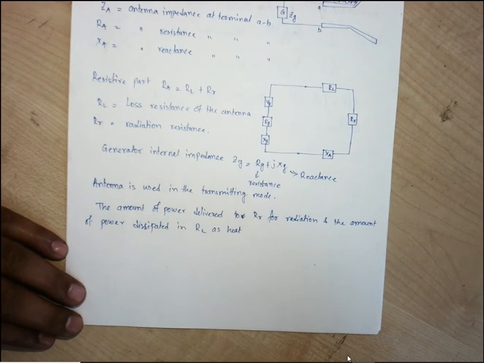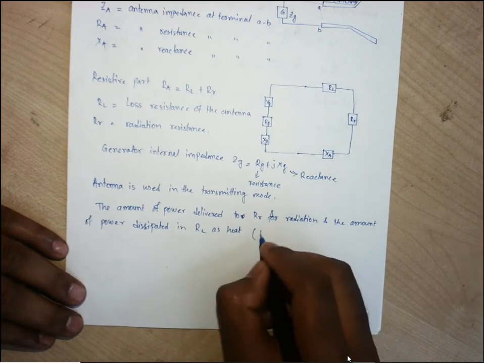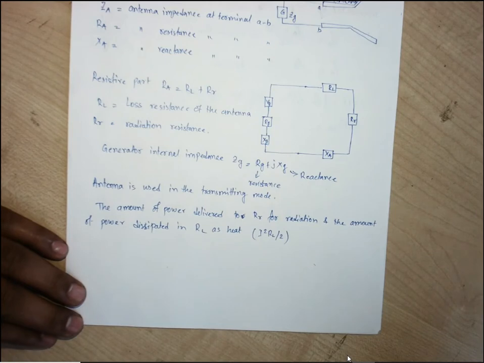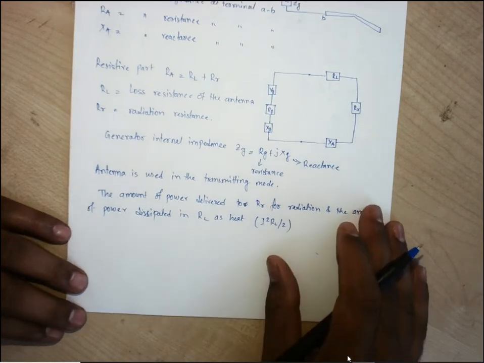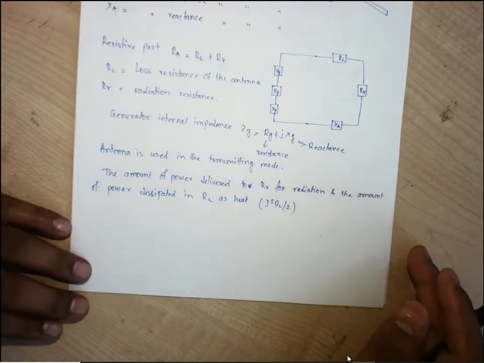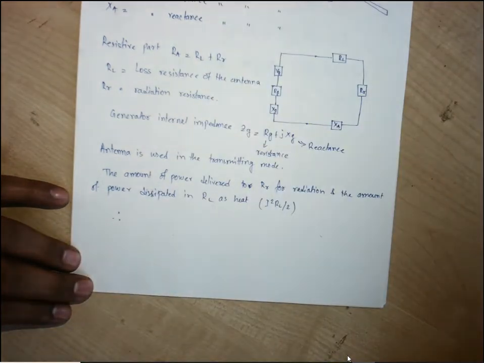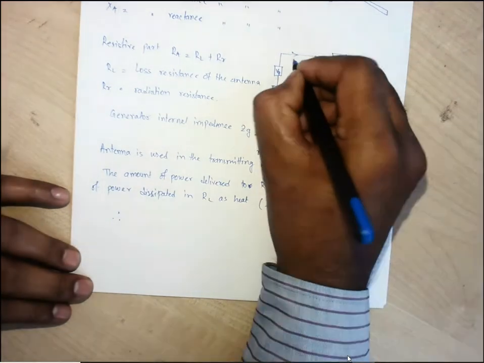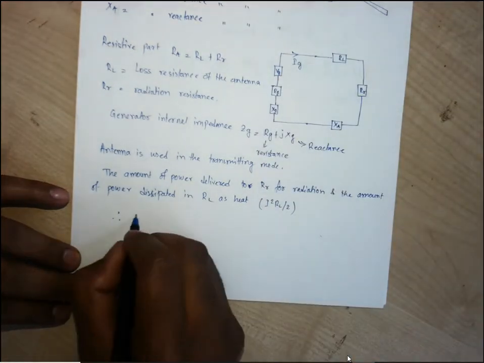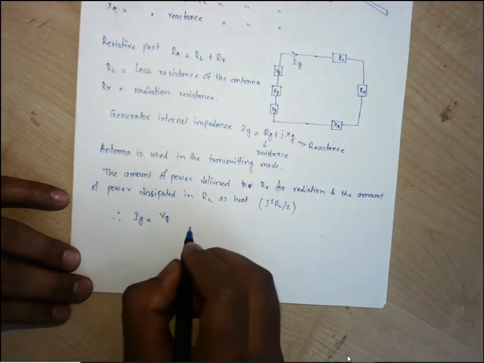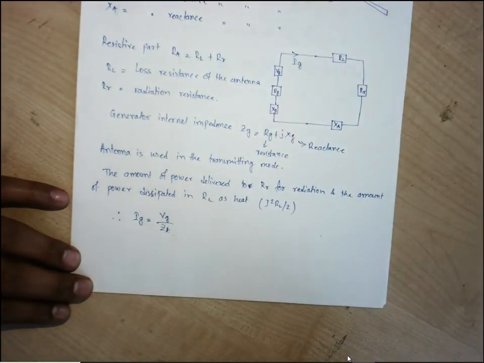So what is this loss resistance which results into heat? That is I square RL by 2. This is the power which is dissipated in the form of heat. So the current which is coming out of this source, this Ig, is equal to Vg by total impedance Zt.